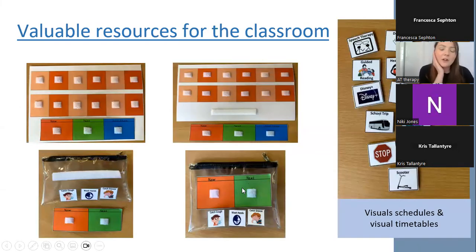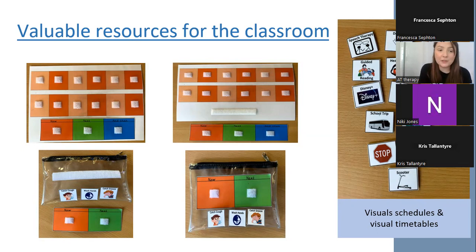Moving on, we're going to look at valuable resources for the classroom. This is a visual timetable that was made for one of the learners that I worked with in my previous role. It's something really straightforward that I think anybody could make.